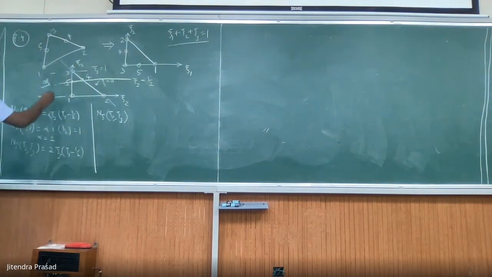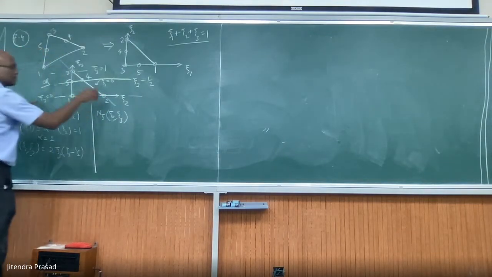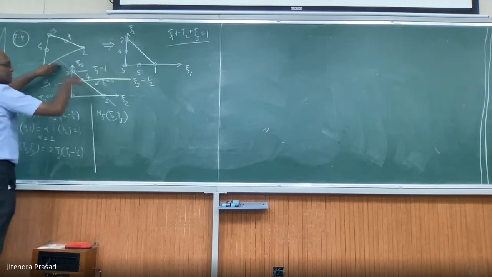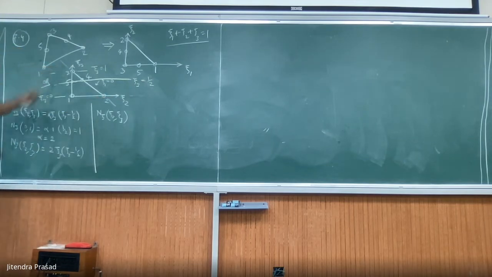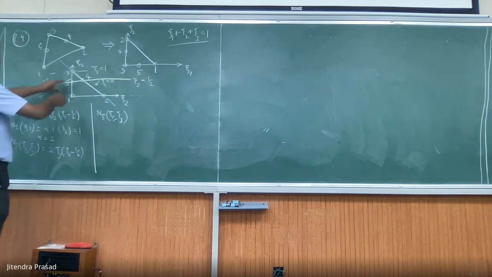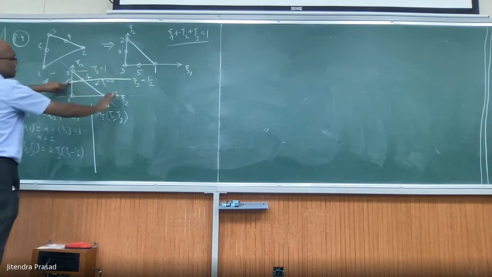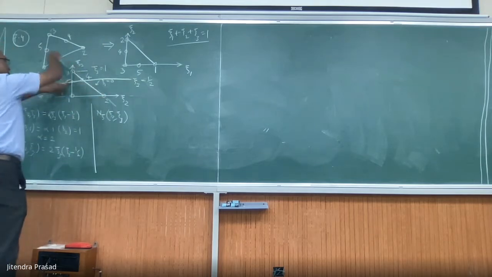One is this and another is this one, right? Automatically taken care of. You agree? Okay, so what do we get? It's the most convenient, these two. So what is this line?